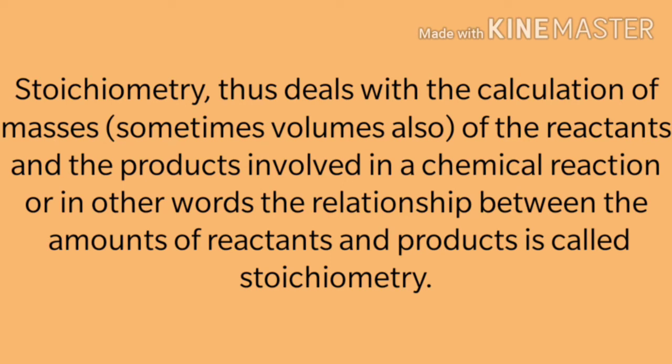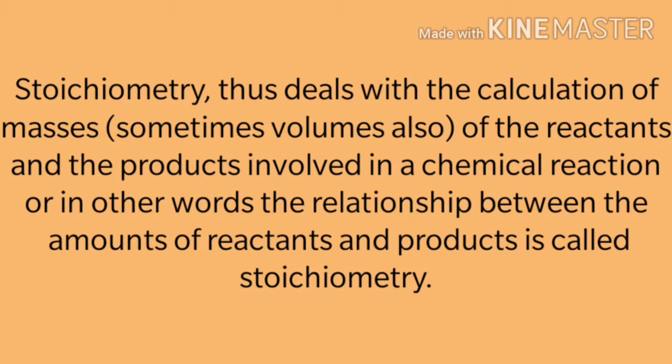So stoichiometry thus deals with the calculation of masses, sometimes volumes also, of the reactants and products involved in a chemical reaction, or in other words, the relationship between the amounts of reactants and products is called stoichiometry. So stoichiometry is that branch of chemistry that gives an idea about calculations which are based on a chemical equation.